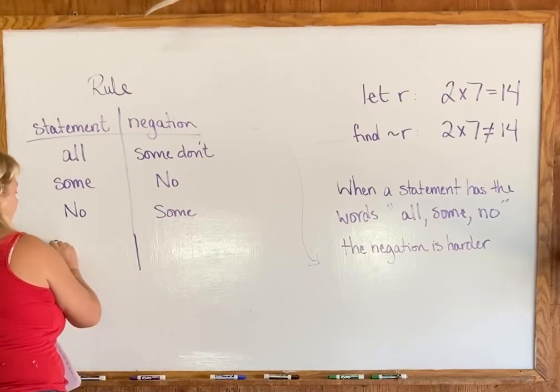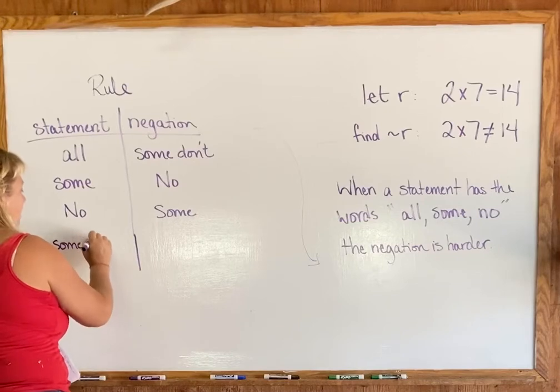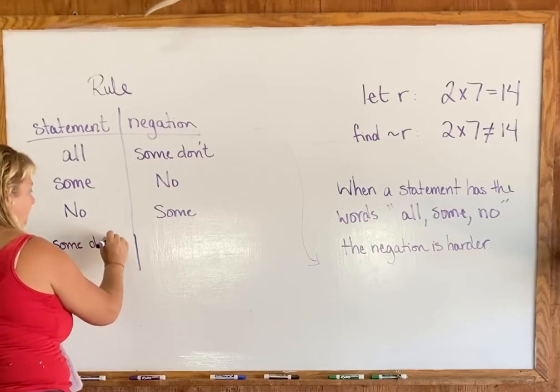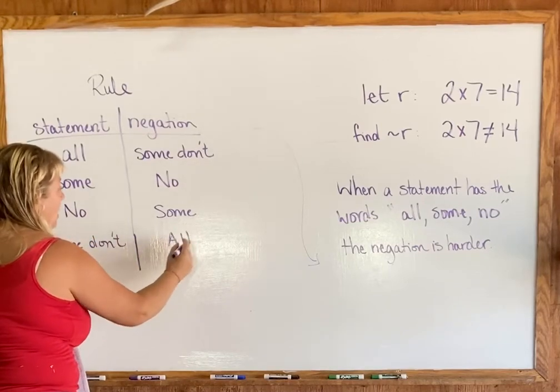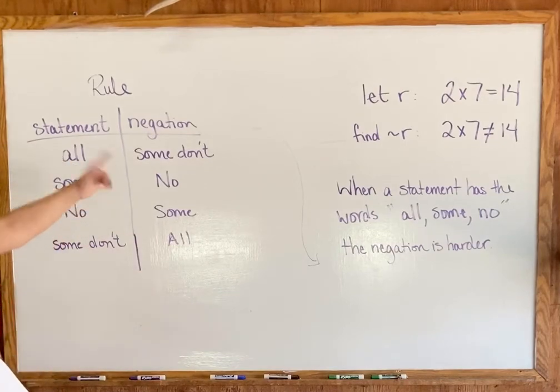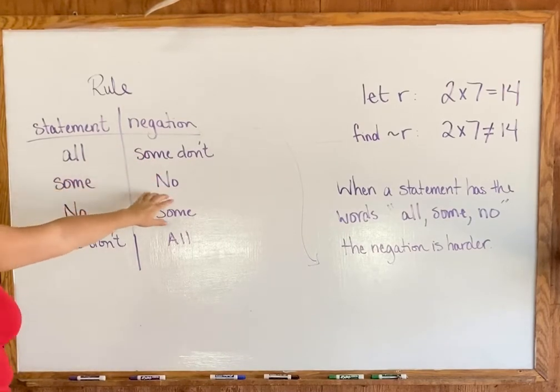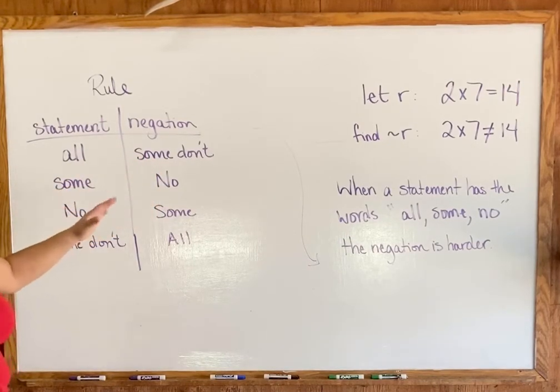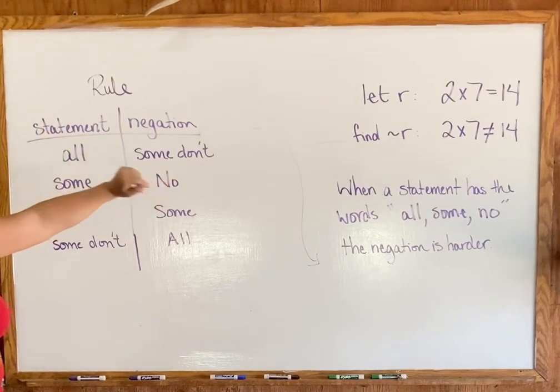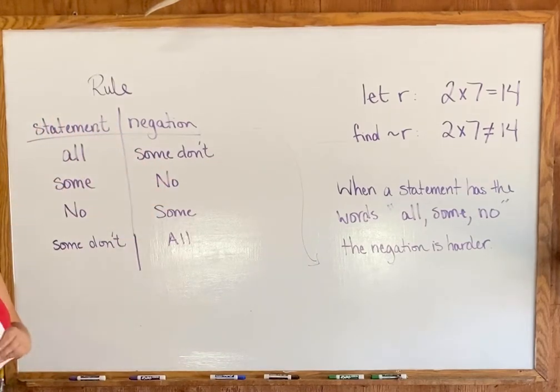And then finally, if we have some don't, this will be all. So what you're noticing is it's just flippity-flop from what we have above, which is nice. So all goes with some don't, and some goes with no. Doesn't matter which order they come in. All, the negation is some don't. Some, the negation is no.